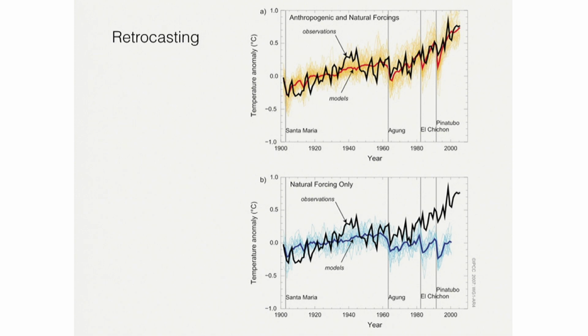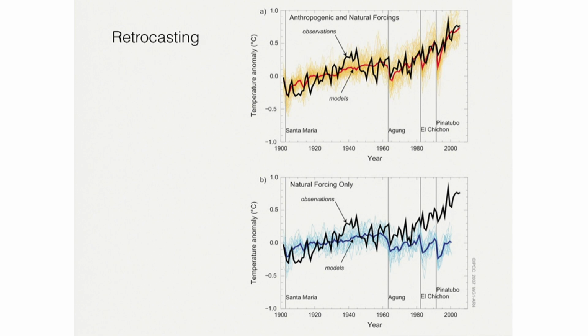The top graph shows you a red line, which is model data. There are some 58 simulations produced by 14 models represented in the top red line. The black line are observations, and what you'll see here is a fairly good concordance going back to the start of the 20th century between the models and the data.